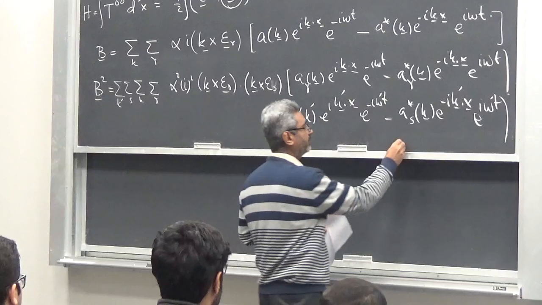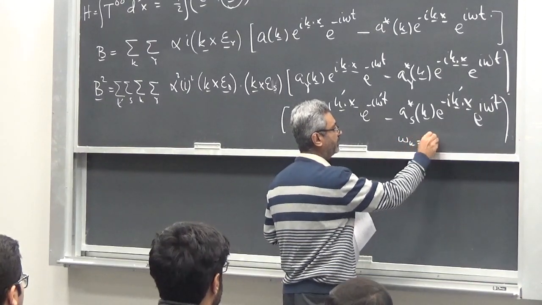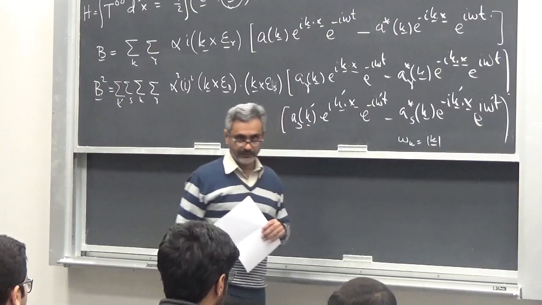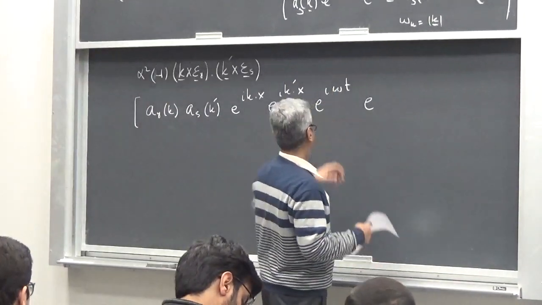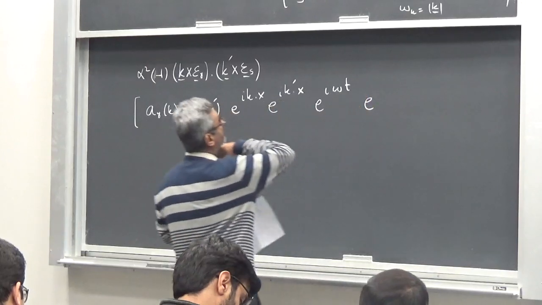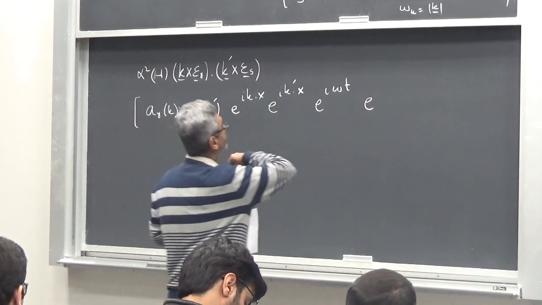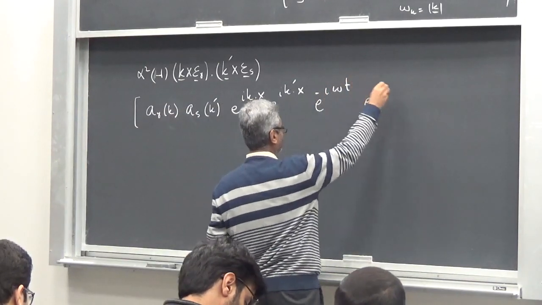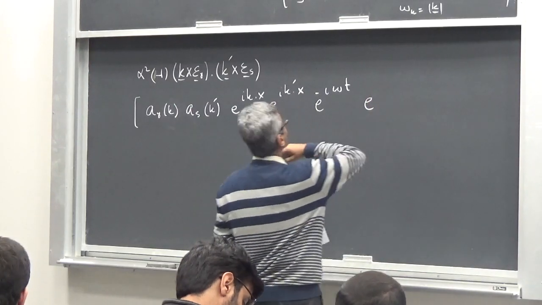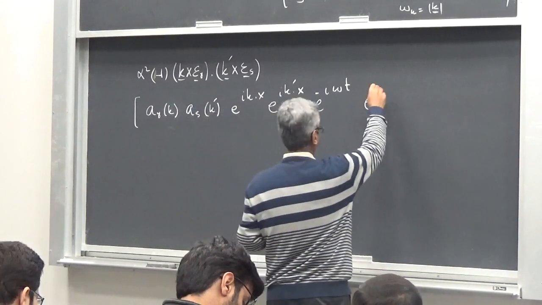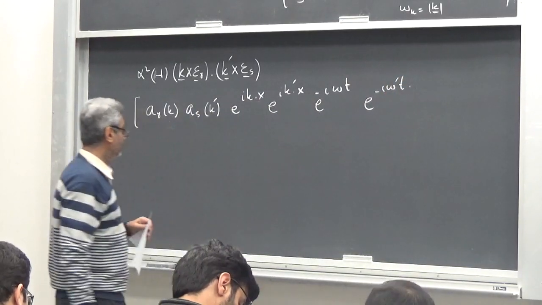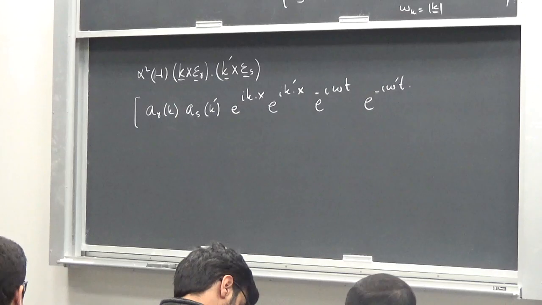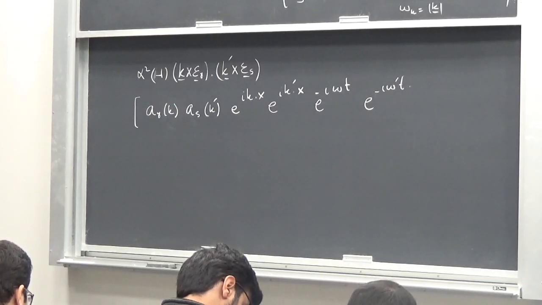You guys have to remember that omega k is k, right? And so this is, please let me know if there's a mistake. So this is minus, and this is going to be minus 1. Okay.